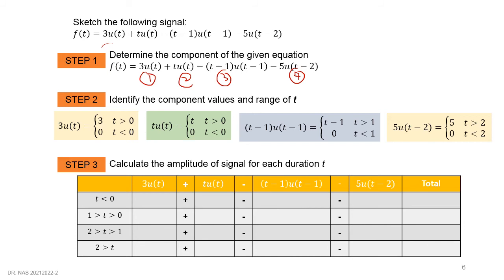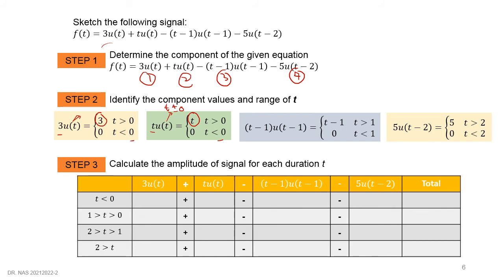The first component 3u(t), so the maximum amplitude is 3, and the range of t is plus minus 0. The second component, the maximum amplitude is t, and still the range of t is less than 0 and larger than 0.